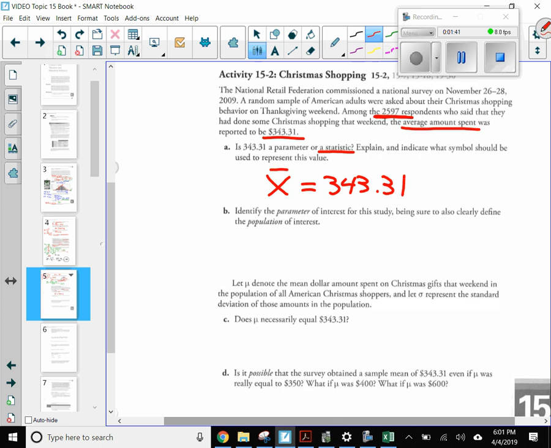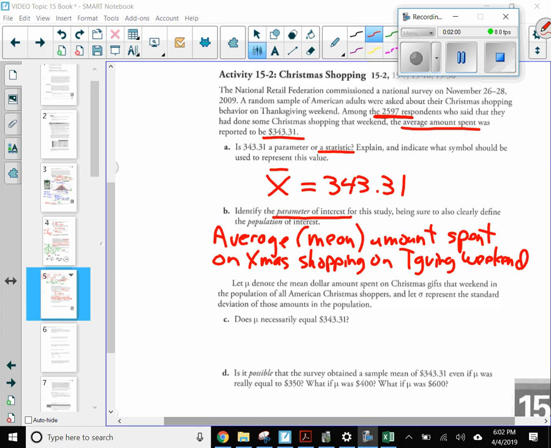Now, what is the parameter of interest for this study? That is, what is the number that we're interested in finding out for the whole population? Well, that would be the mean amount spent on Christmas shopping on Thanksgiving weekend. Now, what population does that represent?